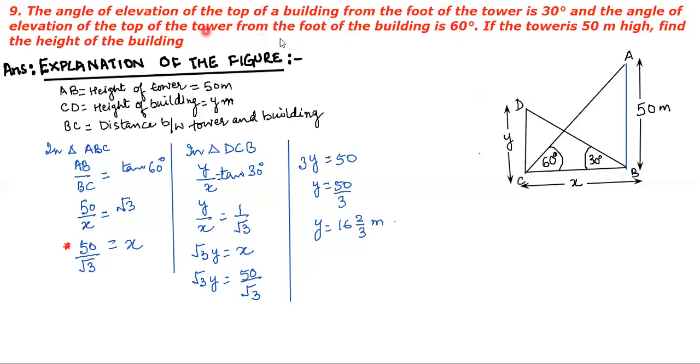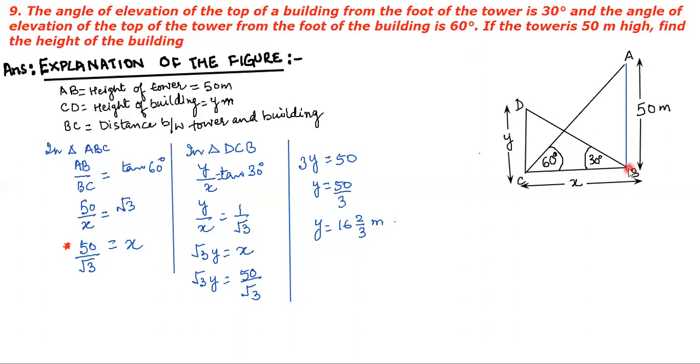First time when he is observing the top of the building, he is standing on the foot of the tower. So the observer is here. This is the point of observation. And children, this is the building and he is observing the top. The observer is on the ground and he is observing the top of the building.